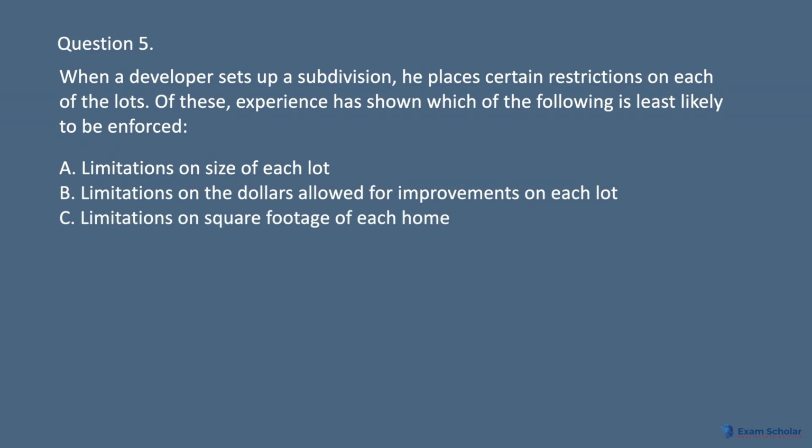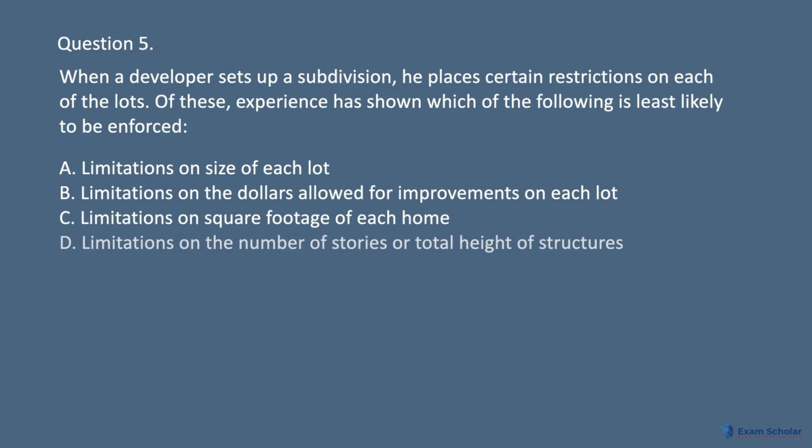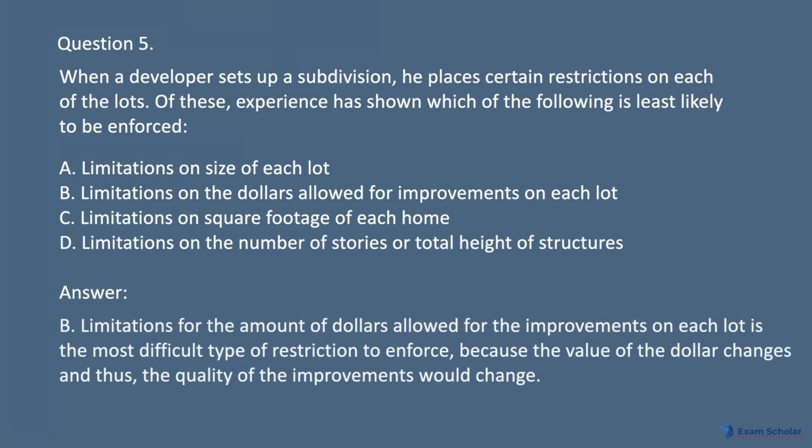C. Limitations on square footage of each home. D. Limitations on the number of stories or total height of structures. Answer: B. Limitations for the amount of dollars allowed for the improvements on each lot is the most difficult type of restriction to enforce, because the value of the dollar changes and thus, the quality of the improvements would change.